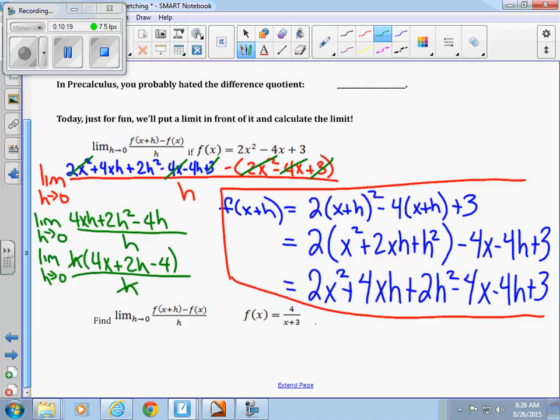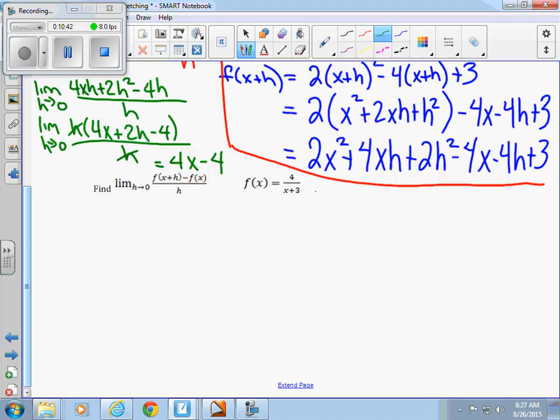Now I can plug in 0 for h. And if I plug in 0 for h now, what do I get? 4x minus 4, because the 2h is 0, so I just get 4x minus 4.